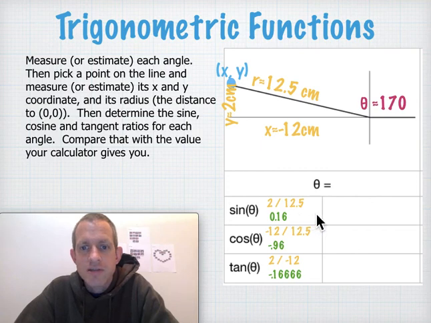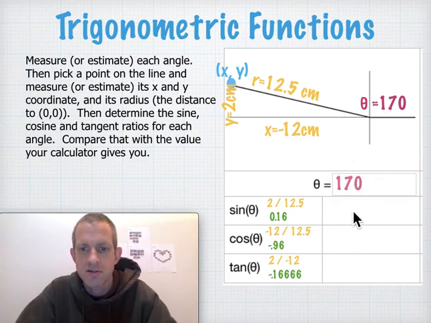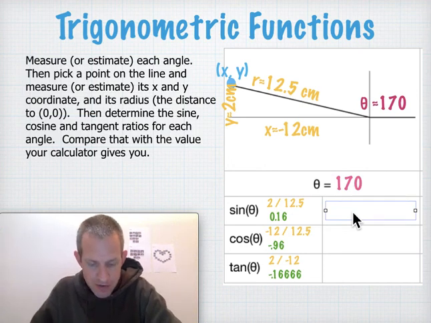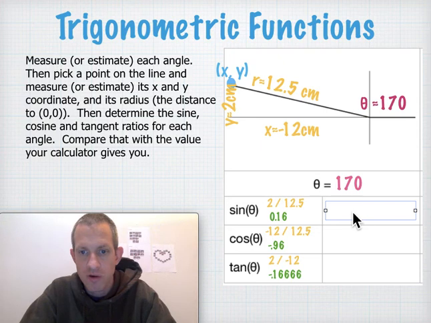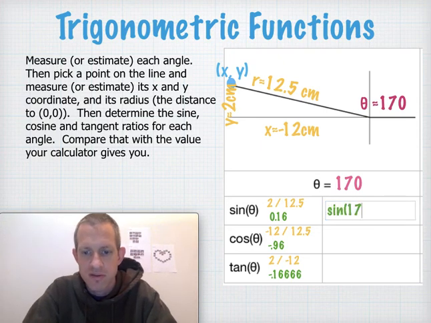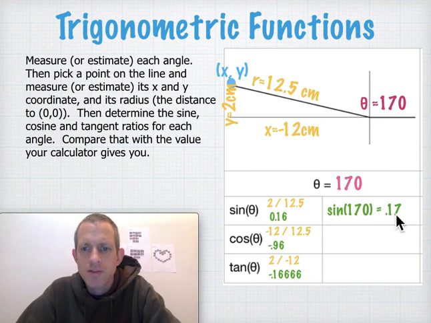Thankfully, our calculators have sines and cosines and tangents programmed into them. And so the true value for 170 degrees, if I were to type sine of 170, it gives me 0.17. Notice that 0.17 is pretty close to the 0.16 that we had measured with our estimates earlier.